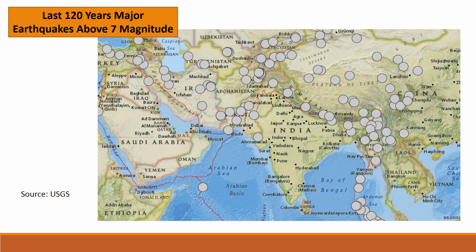So basically in the last 120 years, if we have a look at the map of the Middle East, South Asia and Central Asia, a number of 7 magnitude and higher earthquakes have occurred, but most of these can be seen along a fault line which are predominantly known.